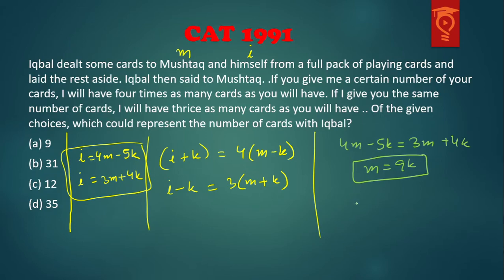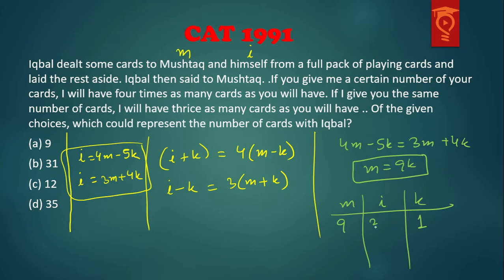So if I make a small table of M, I and K, the minimum value of K that I have to put would be 1. In that case, M would become 9, and putting M as 9 and K as 1, in the first equation or in the second, in any way, I'm going to get I as 31.